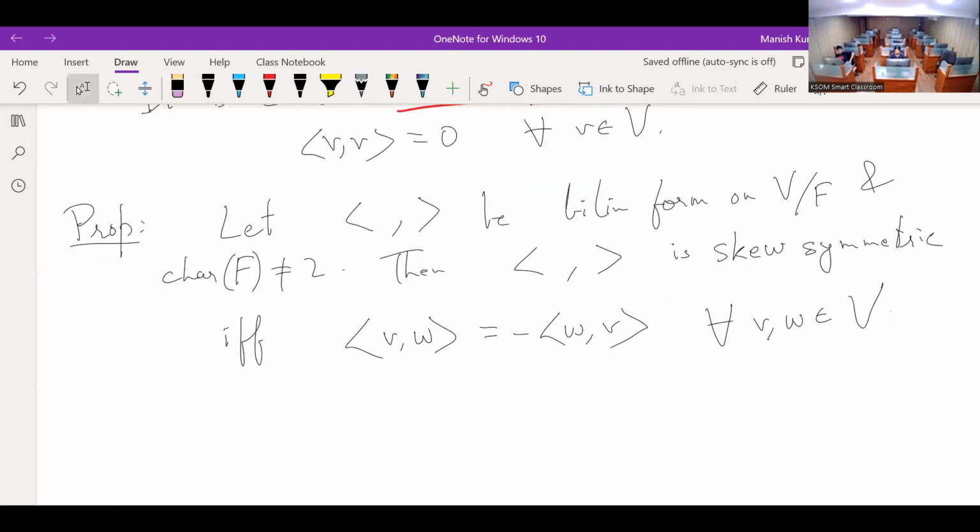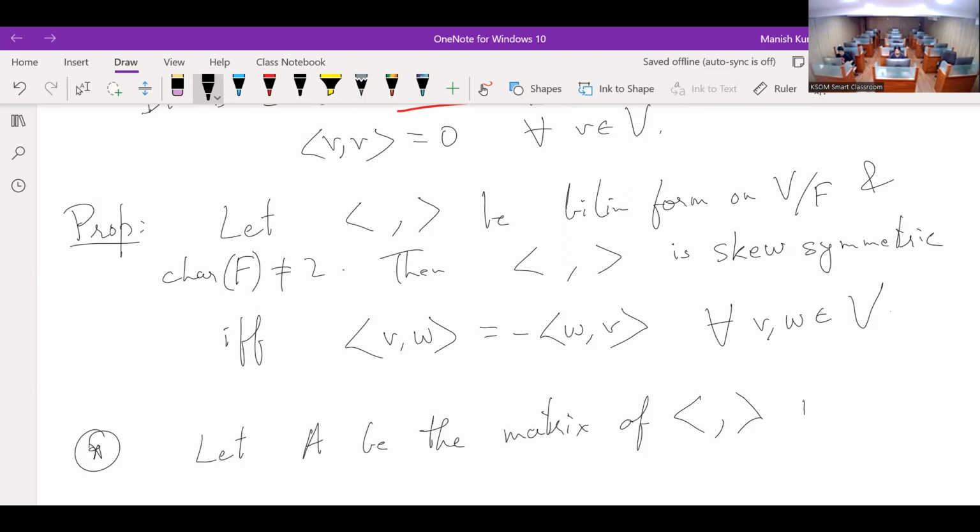Before I get to the proof of the proposition, a consequence of this, a corollary, is: let A be the matrix of the bilinear form with respect to some basis.